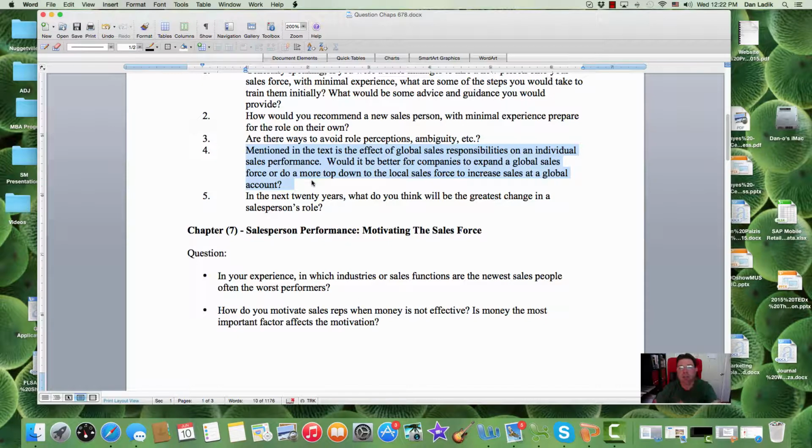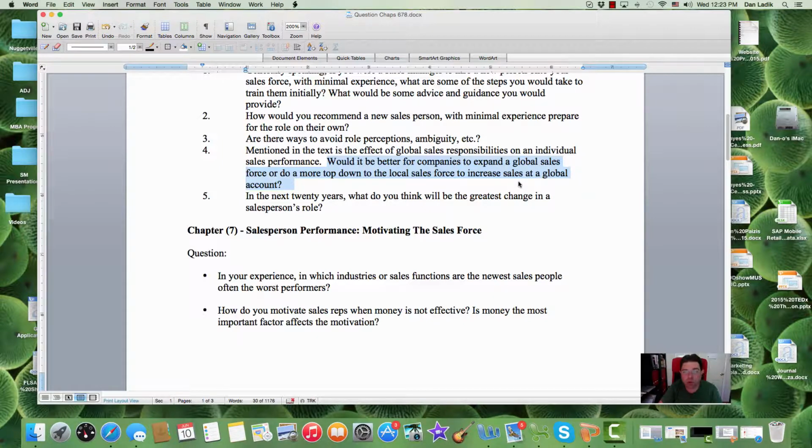As mentioned in the text, the effect of global sales responsibilities on individual sales performance. Would it be better for companies to expand a global sales force, or to have a more top-down approach to the local sales force to increase sales at a global level? I am a bigger fan of having a local sales force.